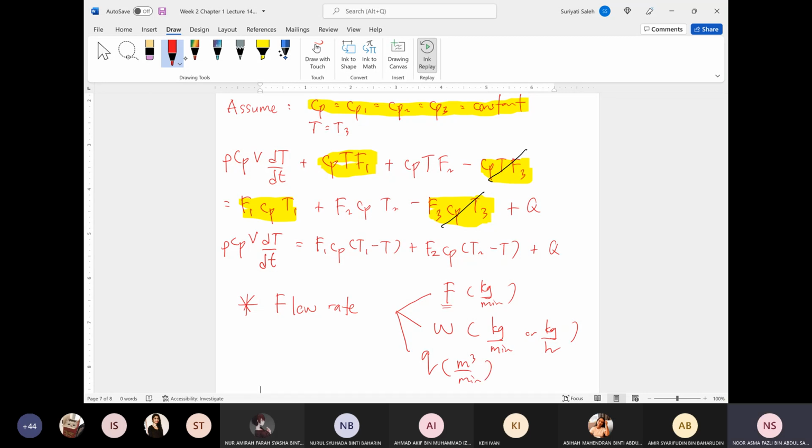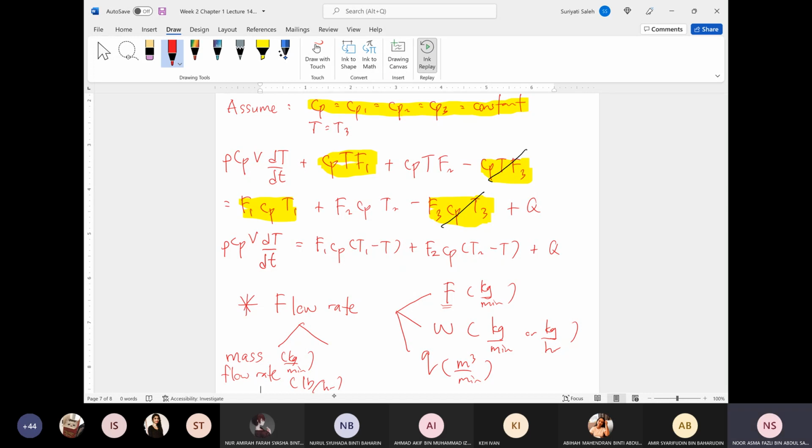So the flow rate sometimes can be in the form of the mass flow rate. Mass flow rate, you have kilogram over minute, or sometimes other units, pound over hour, for example. As long as the dimension is mass over time, that is acceptable for the mass flow rate.